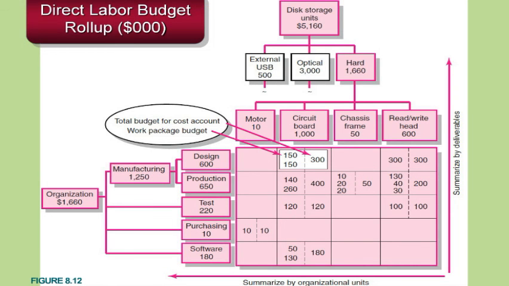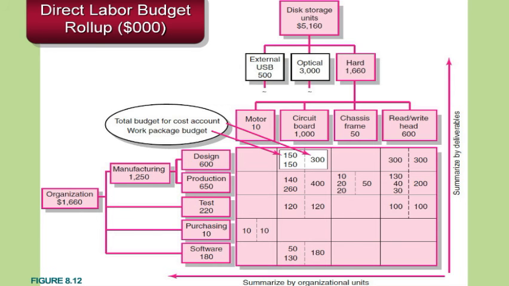Let's look at the budget part of this in more detail. If you remember our example from Chapter 4 and then again in Chapter 6, we looked at this computer prototype and we were boiling it down to the disk storage units, looking at the hard disk and the tasks associated with the hard disks, looking at how the organization manages that, how it's managed within the project.